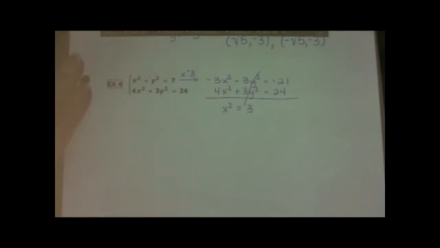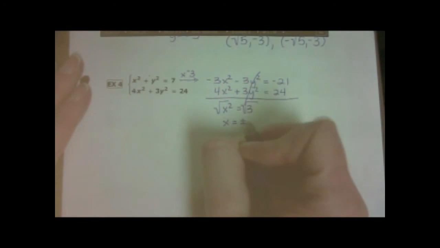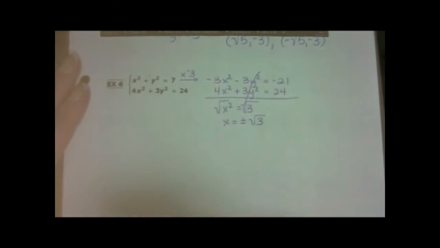The y squareds eliminate, and I have x squared equals 3. Square root both sides, and I get x equals plus or minus the square root of 3.